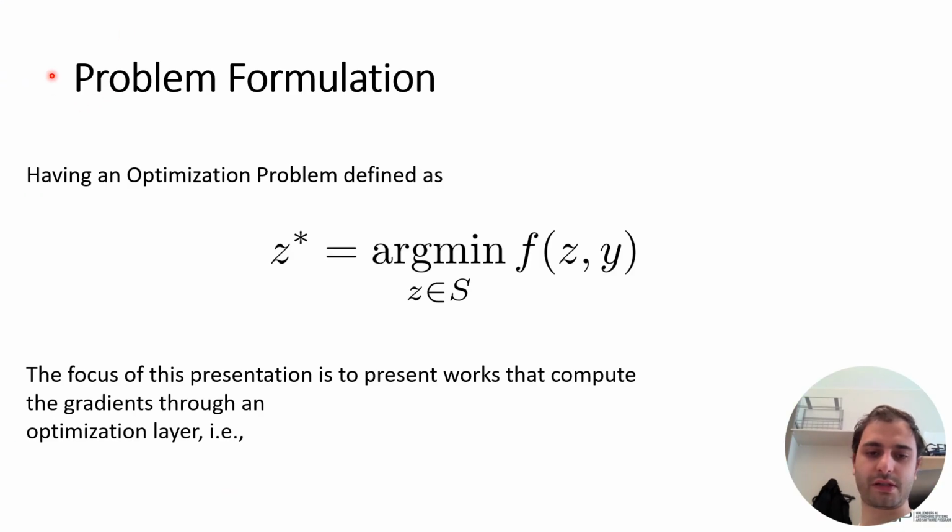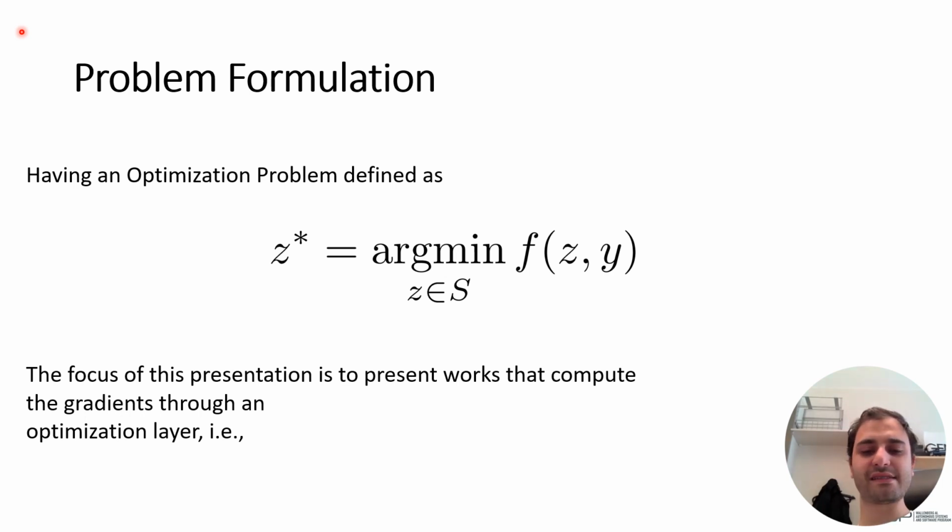Okay, so starting with the problem formulation. We have an optimization problem that is well defined by the argmin of an objective function, f here. This objective function has a decision variable, which is z.